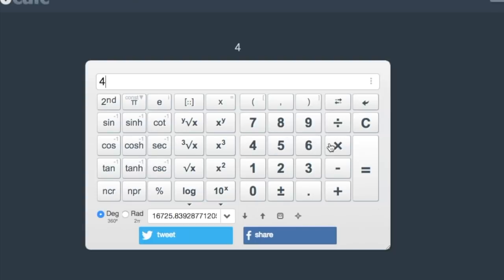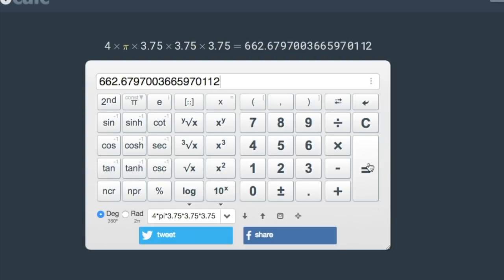We'll start with 4 times pi times your radius 3 times. 3.75 times 3.75 times 3.75. 3 times it's being multiplied. Hit enter. And then once you get that number on top, that's when you divide by 3.